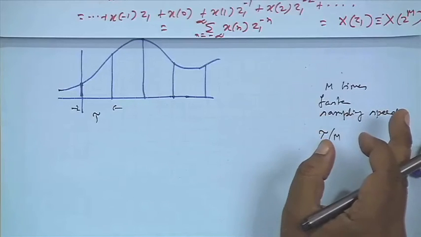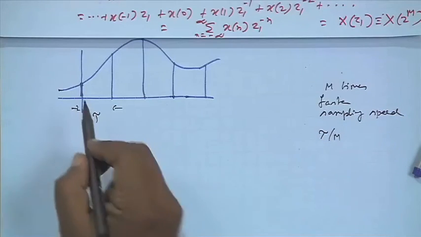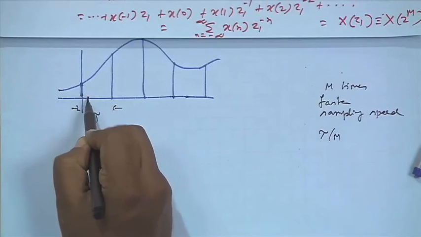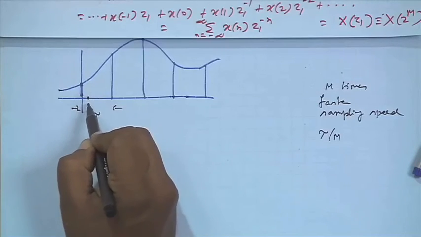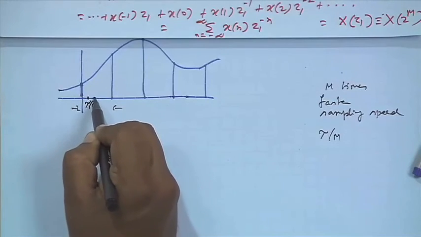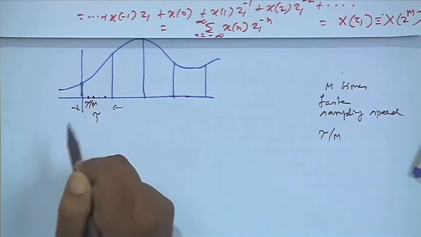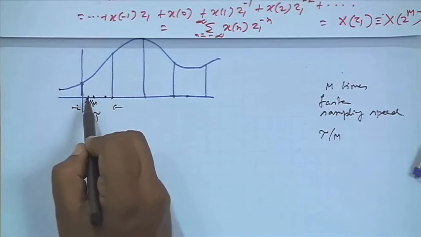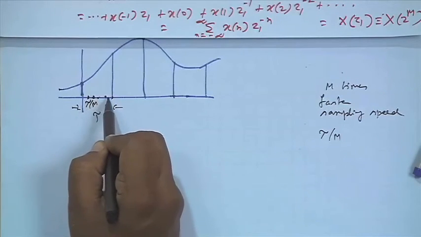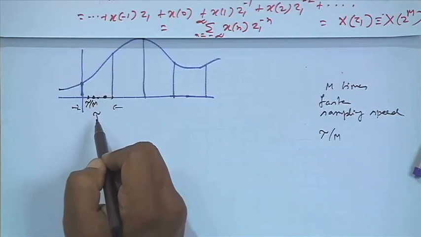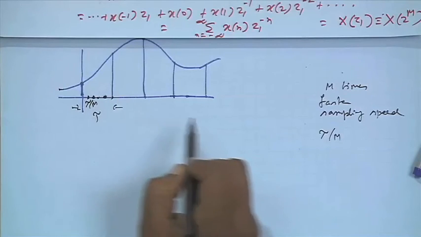Speed goes up by m times means period goes down by m. So, instead of tau, I would have tau by m, and then 1 tau by m, 2 tau by m, 3 tau by m, up to m minus 1, and this is the mth, because m into tau by m is m tau.